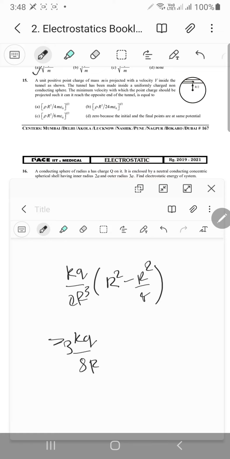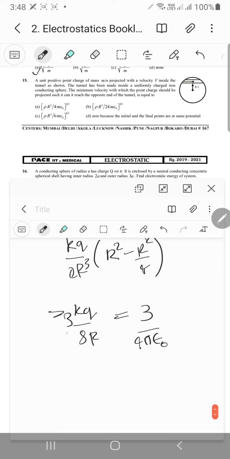Wait, so you want this in terms of sigma? What's this sigma? Is it the charge density? Yeah, well, unit positive charge, so okay, this is going to get really bad. 3k, so k is just 1 upon 4 pi epsilon naught. Do you want it in terms of epsilon naught? Yes, we do want it, into 8R over there. What's q?